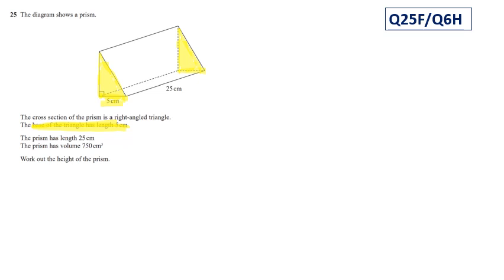We know that the length of the actual prism is 25 centimeters, and we know that the volume of the prism is 750 centimeters cubed, and we'll label that on the diagram. So V equals 750 centimeters cubed.